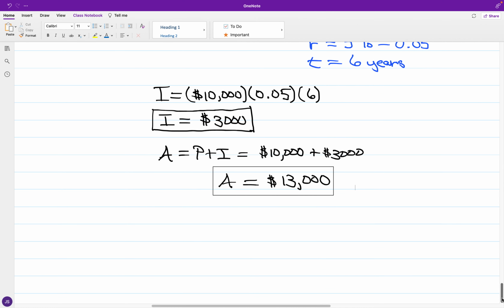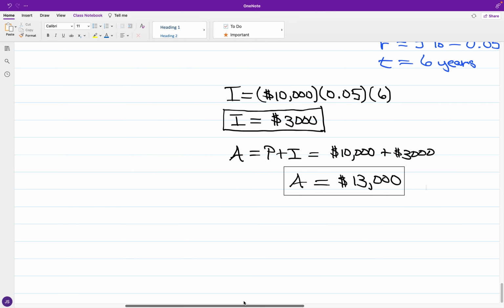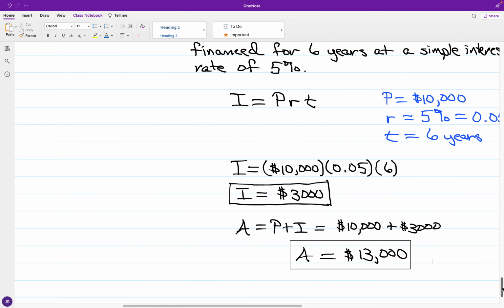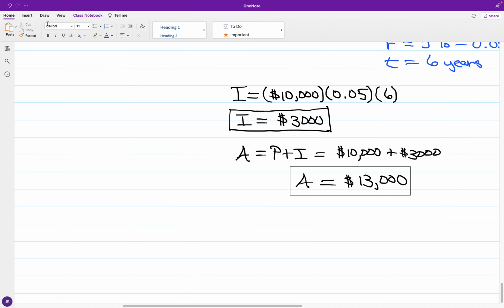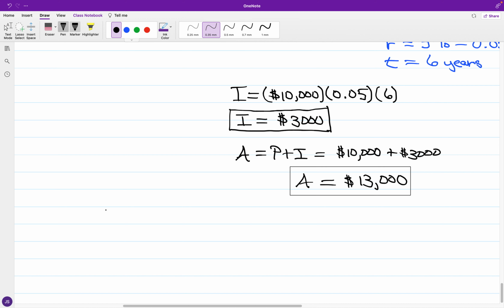Now, a lot of credit card companies would look at applying a different kind of interest, what's referred to as compound interest.